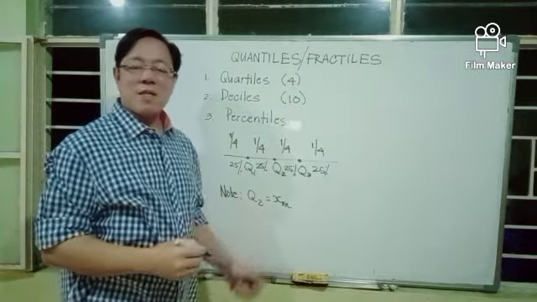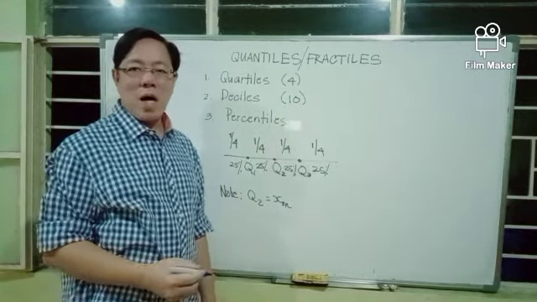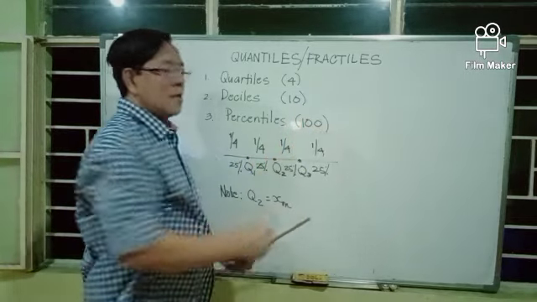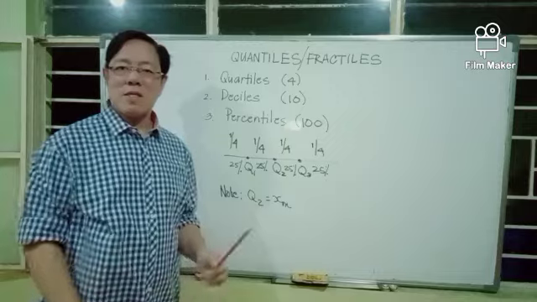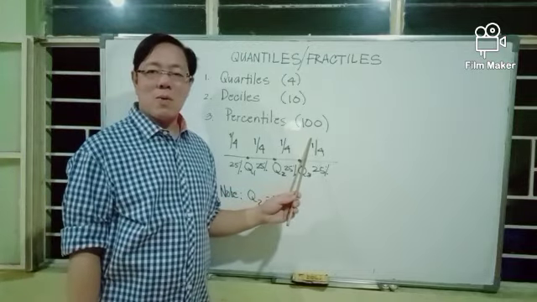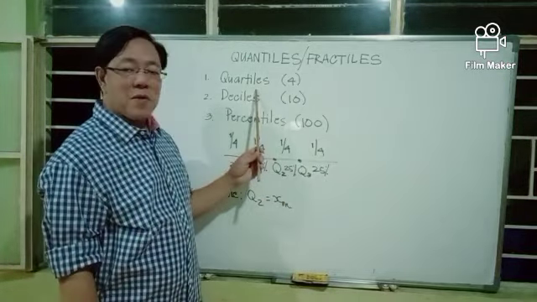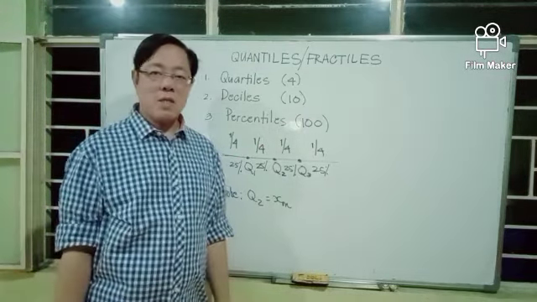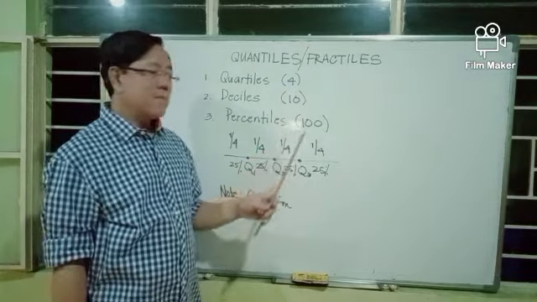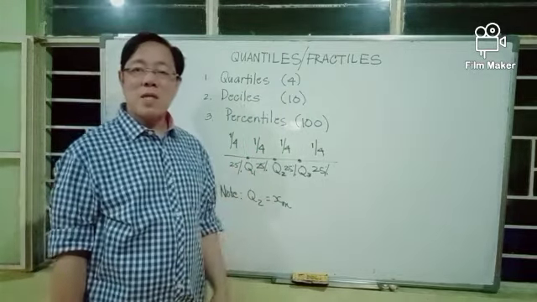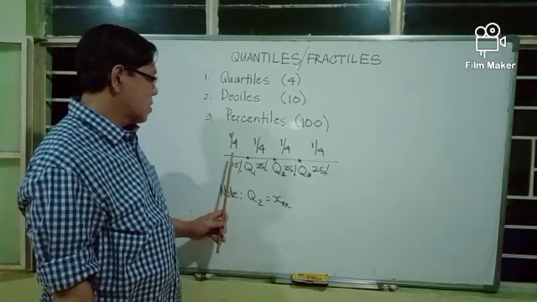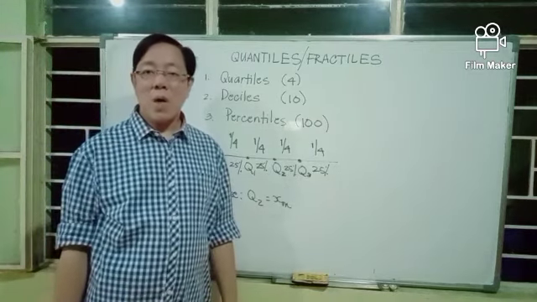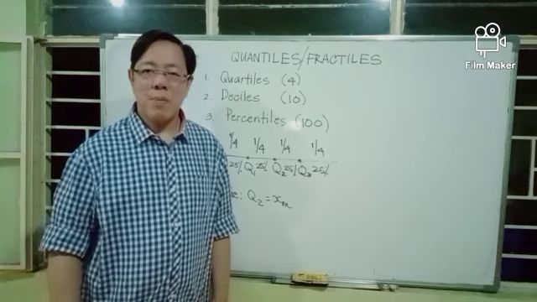And the percentiles divide the set of data into 100 equal parts. If in quartiles we need 3 points to divide a set of data into 4 equal parts, in deciles we need 9 points. You need 9 points to divide this one whole into 10 equal parts.